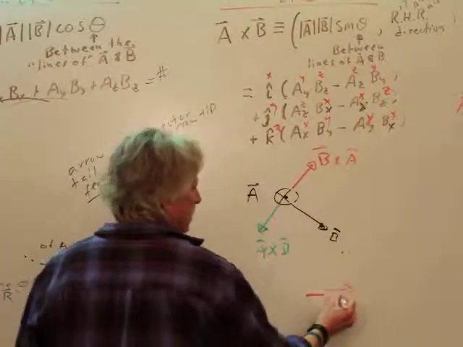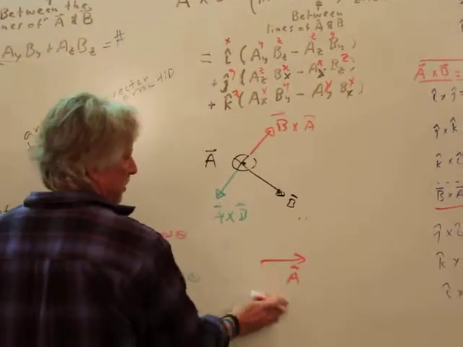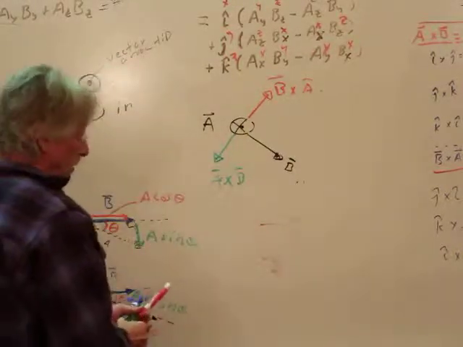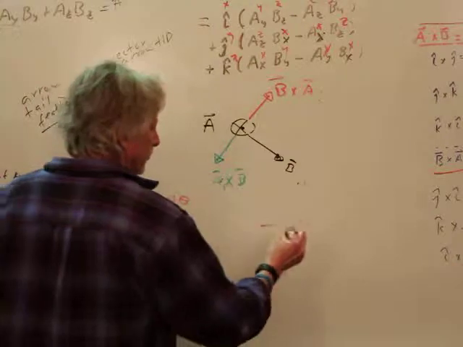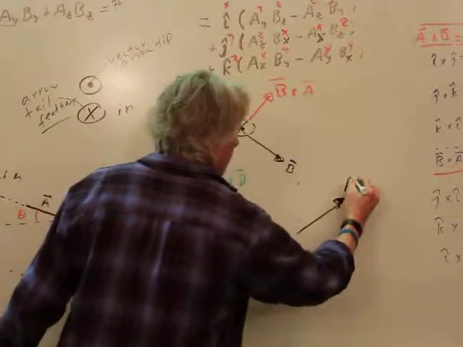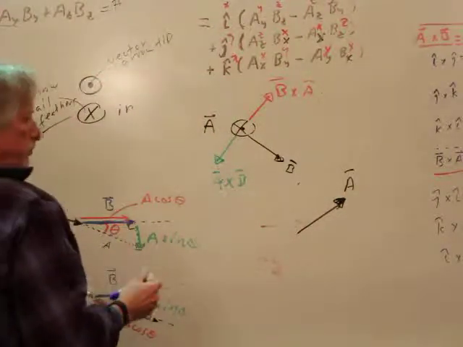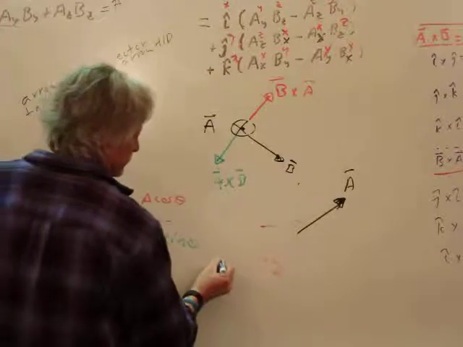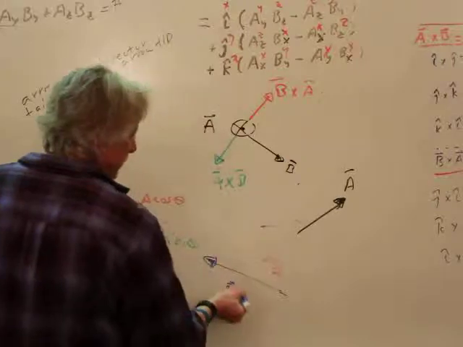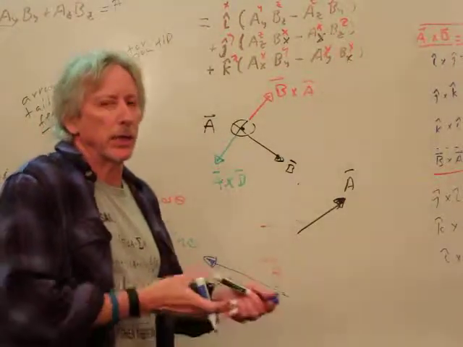Just try it out. Here's A. There's B. Let's make this A, and let's make this B. Now, the weird thing is when you add vectors, of course, they have to be the same thing, like length has to add to length.